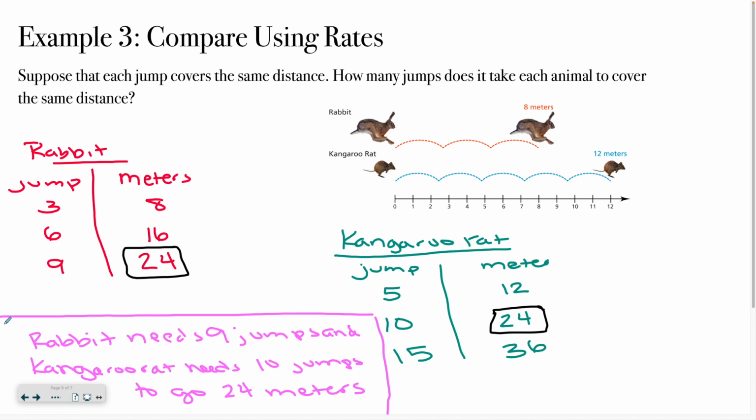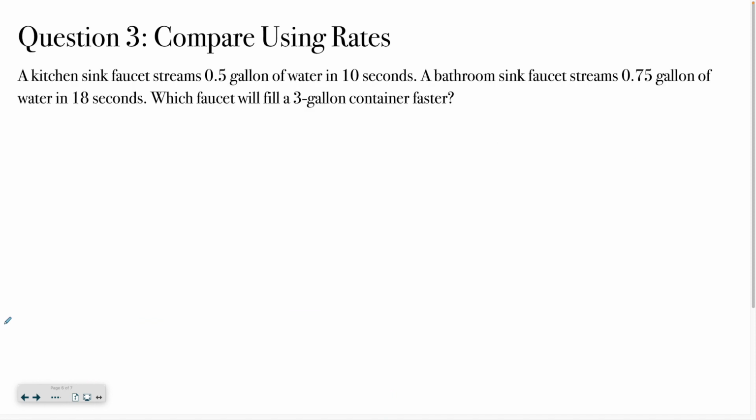So my answer would be the rabbit needs 9 jumps and the kangaroo rat needs 10 jumps to go those 24 meters. You can see I have it written down in the lower left corner in that pink writing. So that's one way to find those equivalent distances.